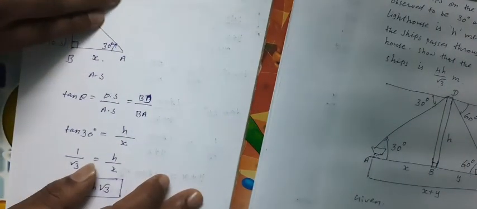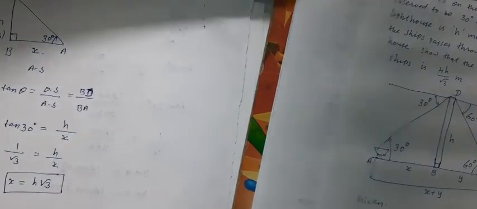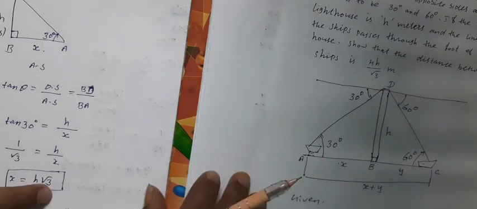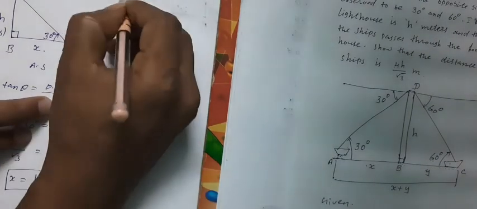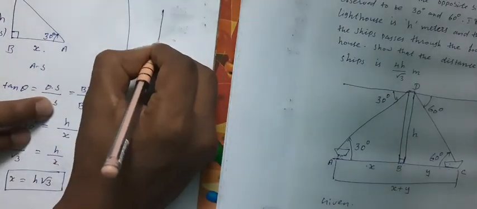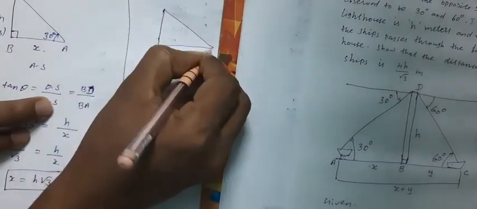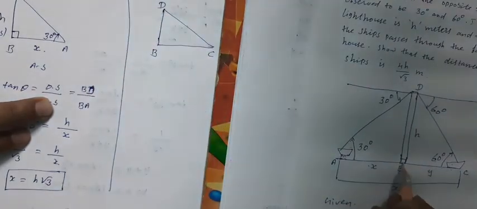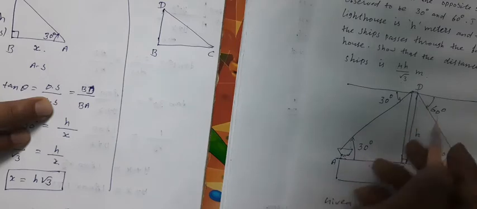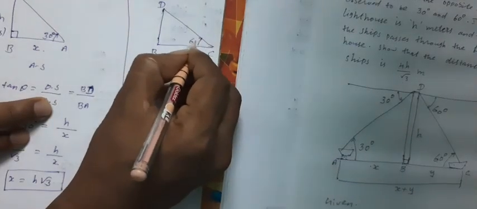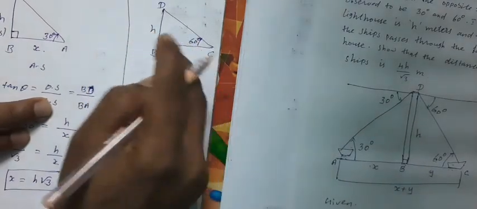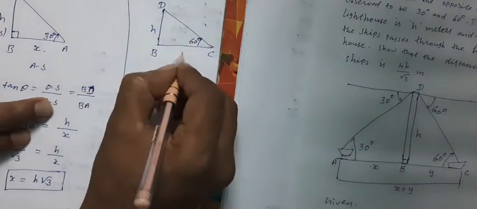Okay, x is over. Next you want to find y. So y is in the triangle BCD, where the angle is 60 degrees, BD is equal to h and BC is equal to y.